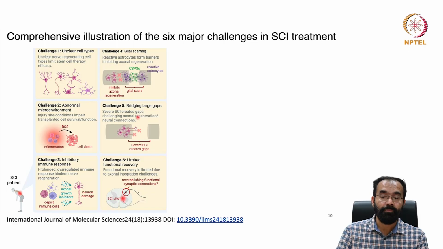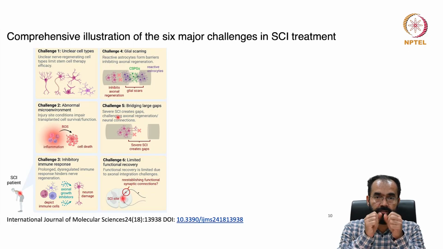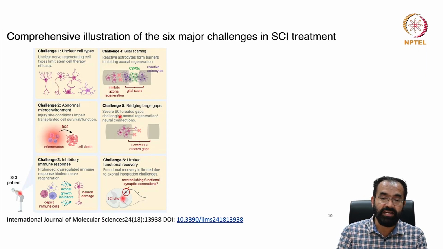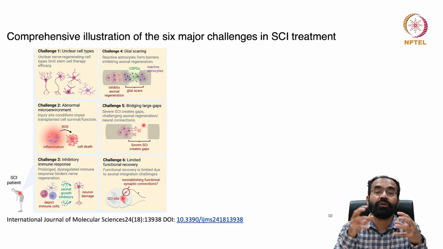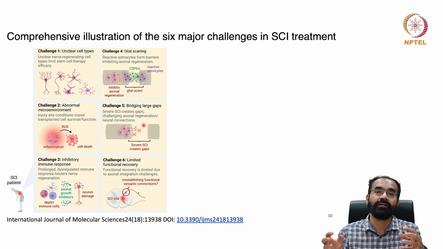And challenge 5, bridging large gaps. After spinal cord injury, the spinal cord is separated, and this much gap creates a challenge for axonal regeneration in an unknown territory. Like if you have one building and a second building, if it is 1 meter distance, you will jump. If the two buildings are 10 meters apart, how will you travel? You can't, there is no scope of jumping.